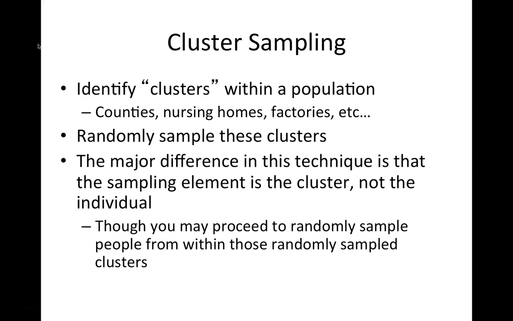And this is the multi-stage process that your book is talking about. So those are a few of the probability sampling techniques, and those are the ones that your book talks about primarily. There are other ways of going about that, but this gives you a general sense of the aim of probability sampling and a couple of ways in which we would go about it.